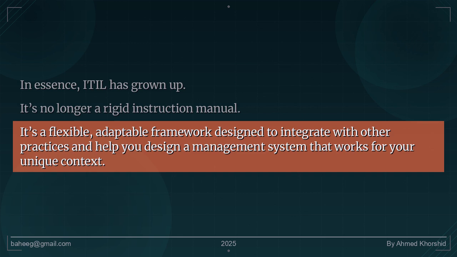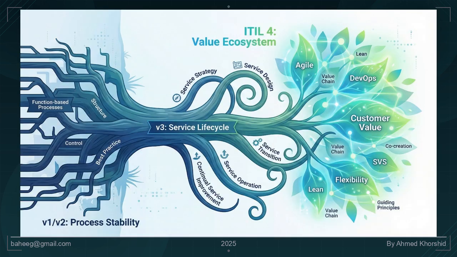Figure: extra detailed AI-ready prompt for an AI-generated diagram showing the evolution of ITIL as a tree. On the left, roots labeled V1 V2, process stability, are deep and structured. The trunk grows upward into V3, service lifecycle, with branches representing the 5 lifecycle stages.